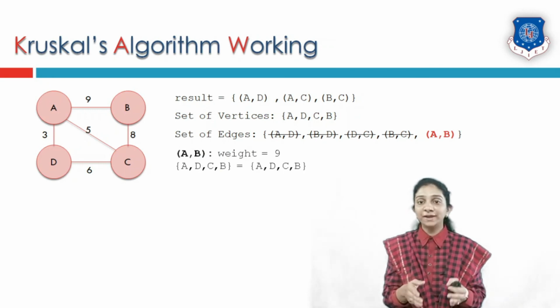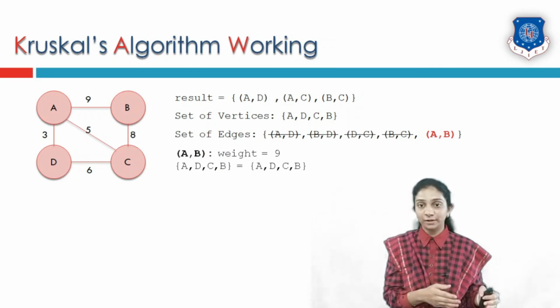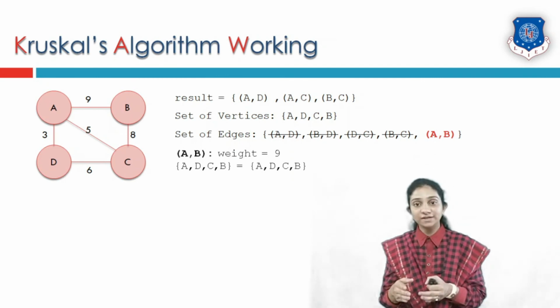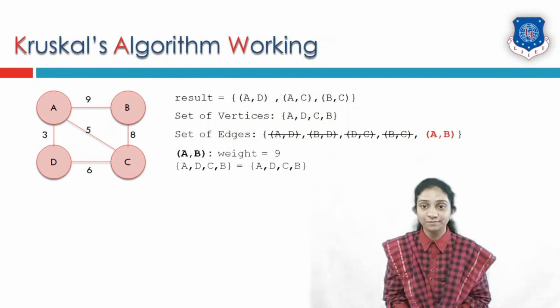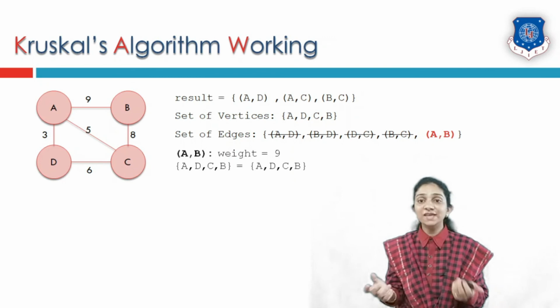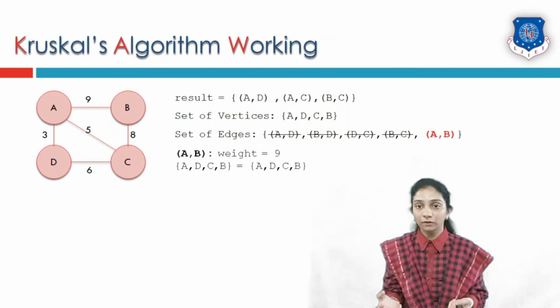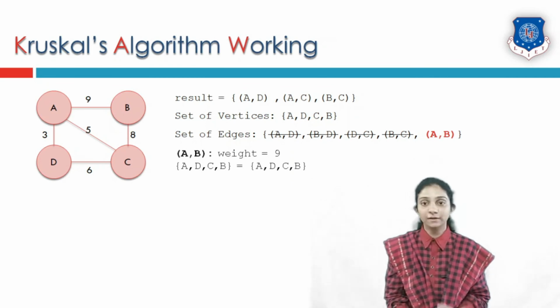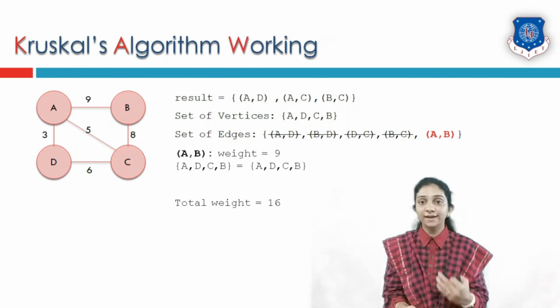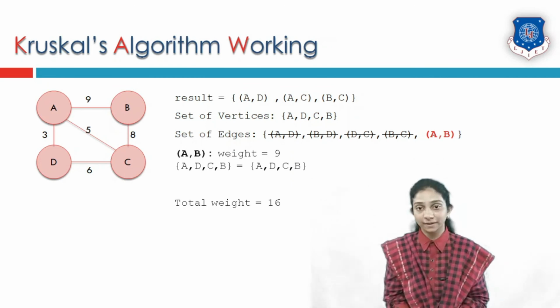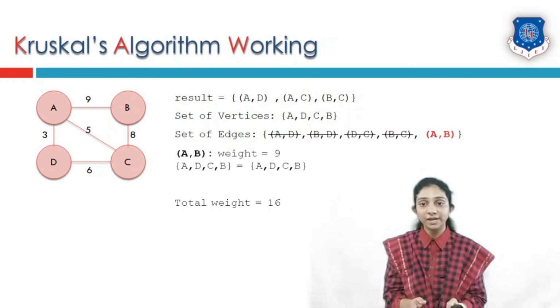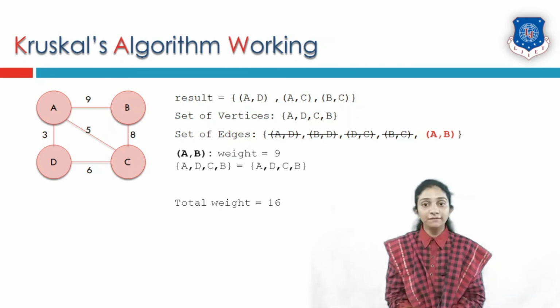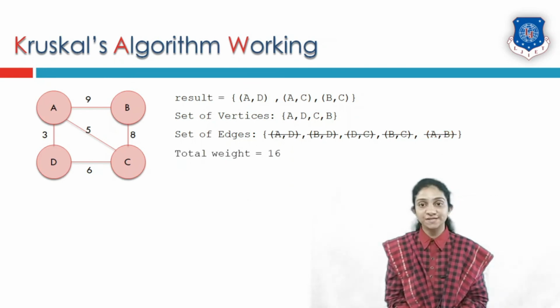We have to compare the set which contains vertex A and the set which contains vertex B. As you can see, these two sets are equal, or both of these vertices belong to the same set. We don't have to add the edge to the result set, and the total weight of the tree will remain the same as the previous one. So my total weight of the tree is 16.